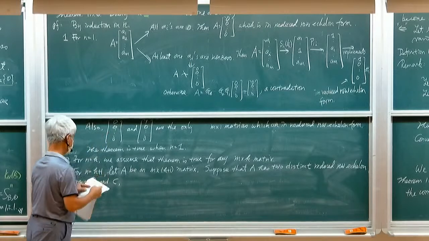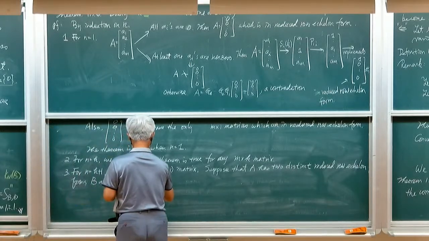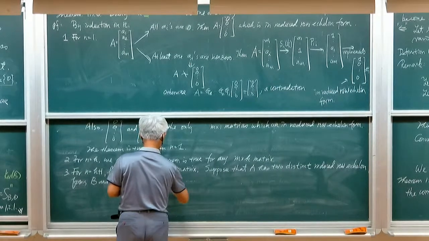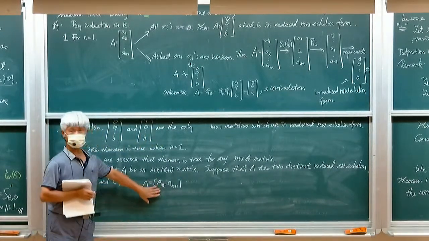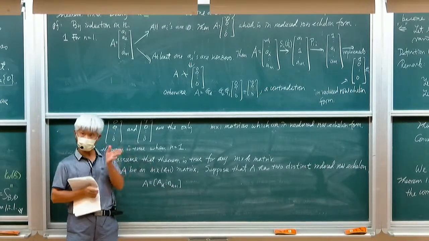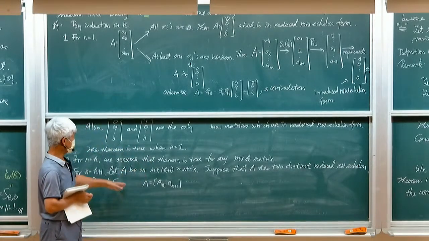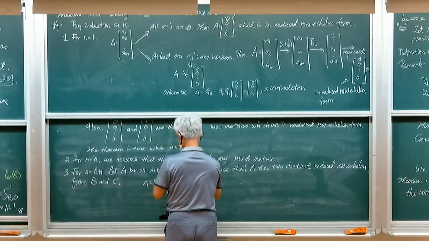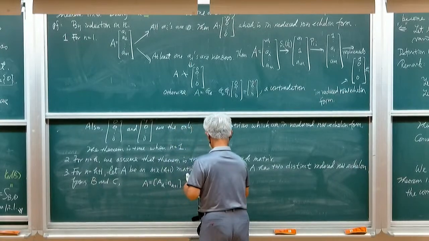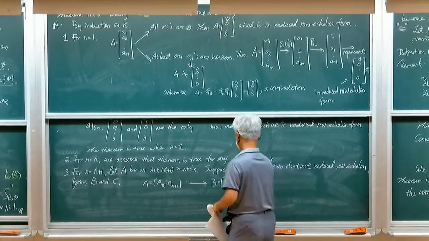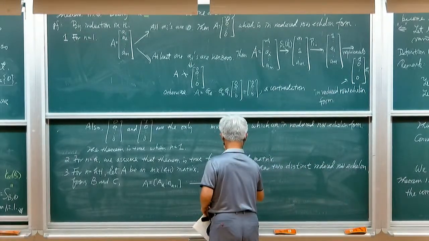Okay? So we decompose A: A_k consists of the first k columns of A, and a_{k+1} is the last column of A, because now the dimension of A is m times k plus 1. So it goes by row operations to a matrix B in reduced row echelon form, so again this is B_k and b_{k+1}.